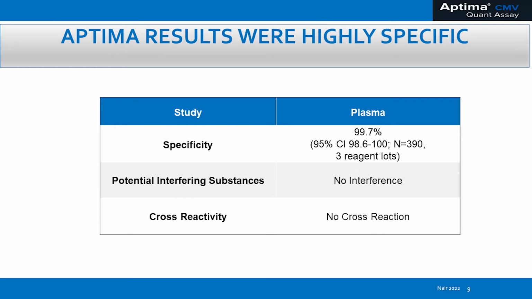We tested nearly 400 individual donor specimens, and the specificity of this test was really high, and we did not see any interference in the presence of potential interfering substances, whether they be endogenous or exogenous. And by that I mean endogenous substances like protein or cholesterol that may be present in the sample, or even human DNA, as well as things like drugs that may be present.